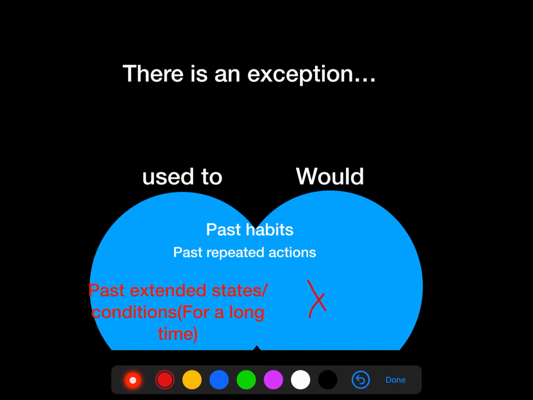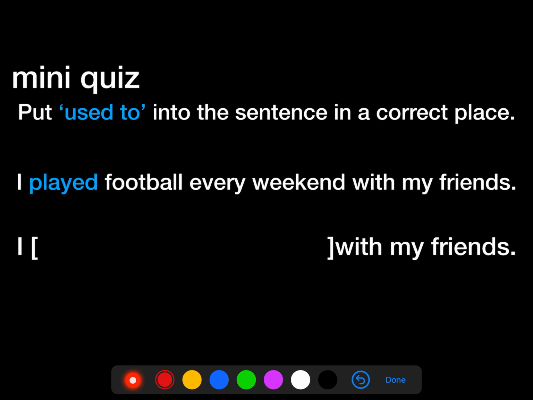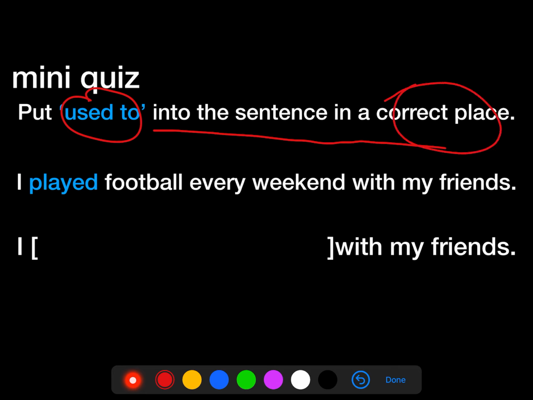Very good. Now, let's move on to the quiz. Number 1. Put used to into the sentence in a correct place.